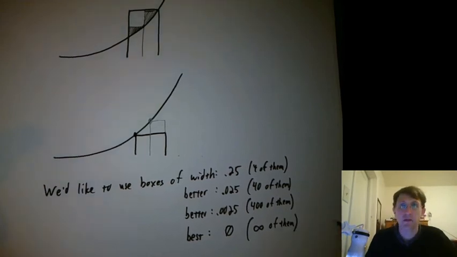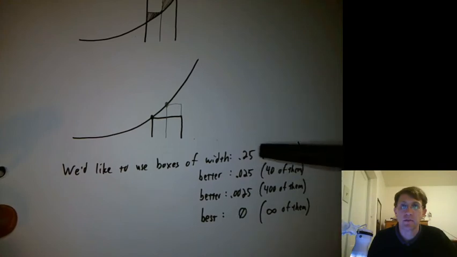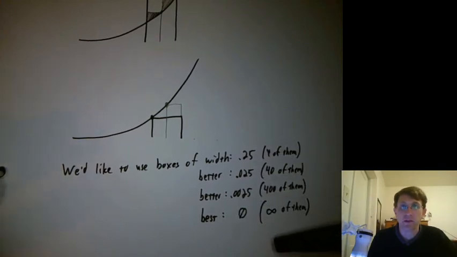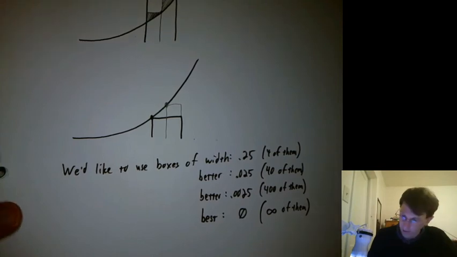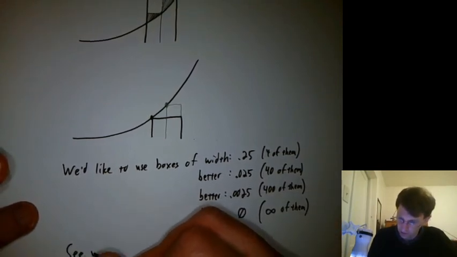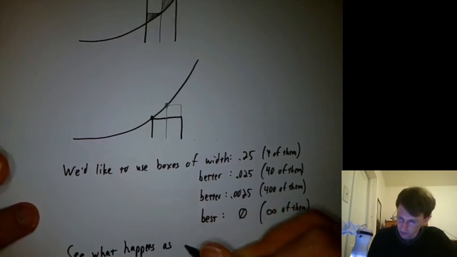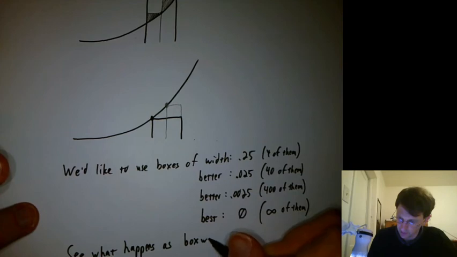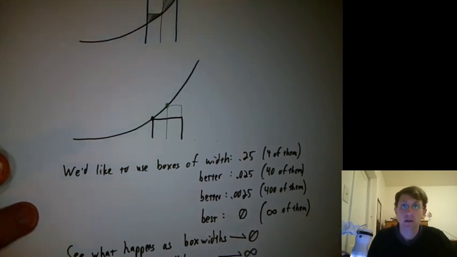Well, if we just continue this process, we would be using an infinite number of boxes, which would take a while even on a fast computer. So instead of doing that actually numerically using Excel or Python or something, hopefully we'd have some way to do that algebraically where we wouldn't end up actually sitting and summing stuff all day. So we want to see what happens as the box widths go to 0, or as the number of boxes goes to infinity.